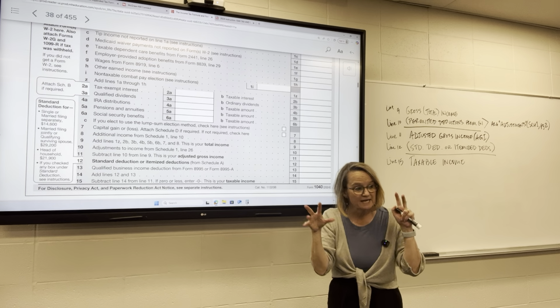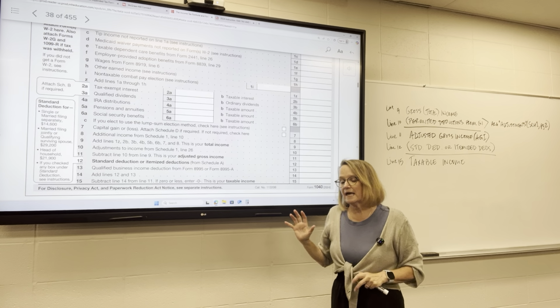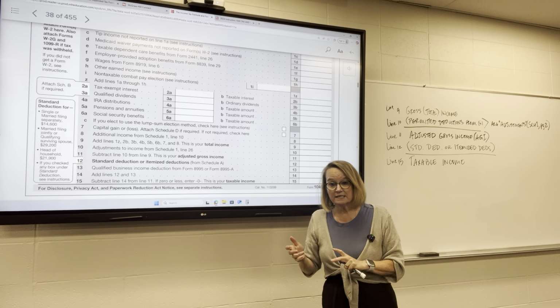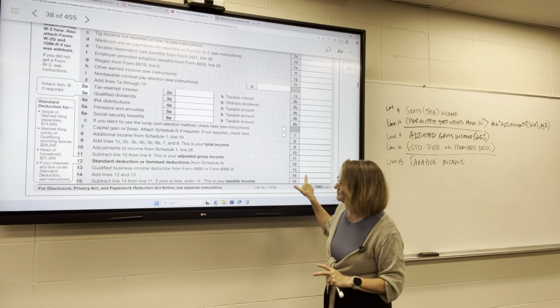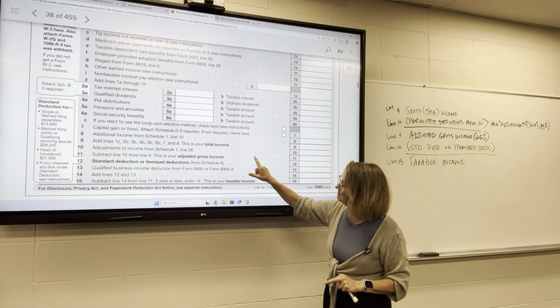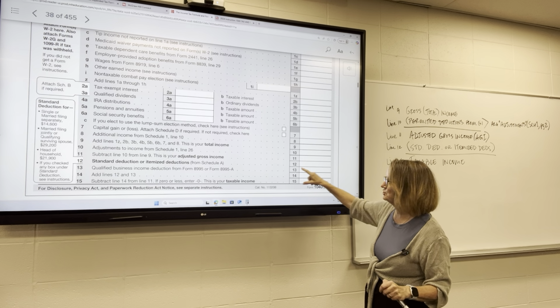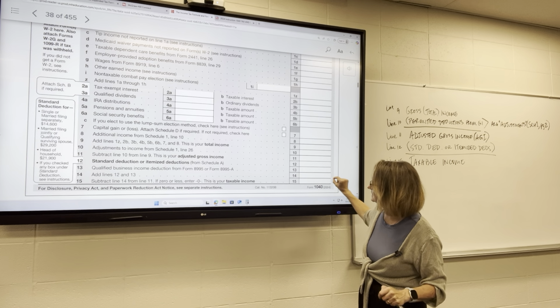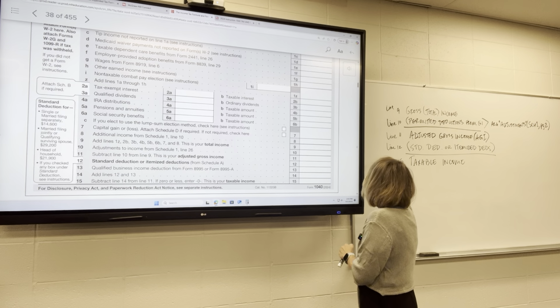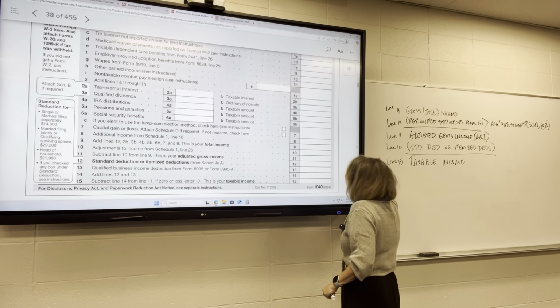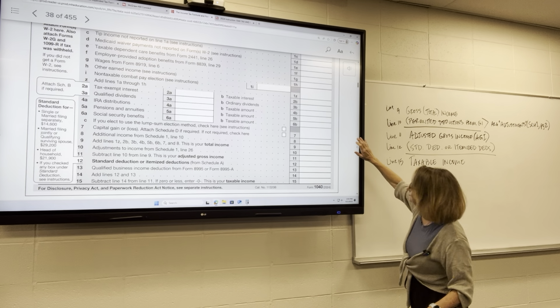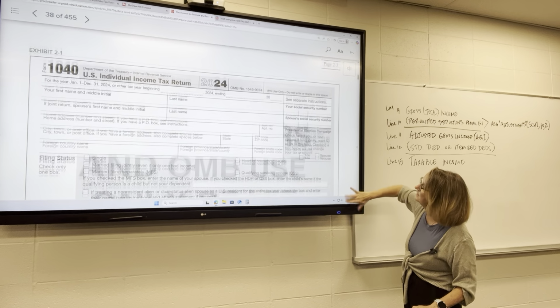That's a different type of deduction that is related to business income. We'll talk about that in chapter 6. And if we were entitled to that additional deduction, we would add then lines 12 and 13 together. That's line 14. So that's why we're kind of skipping over 13 and 14 here. But there's line 15 for our taxable income.